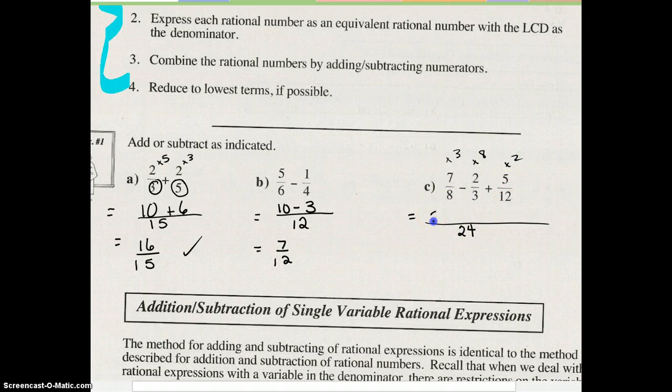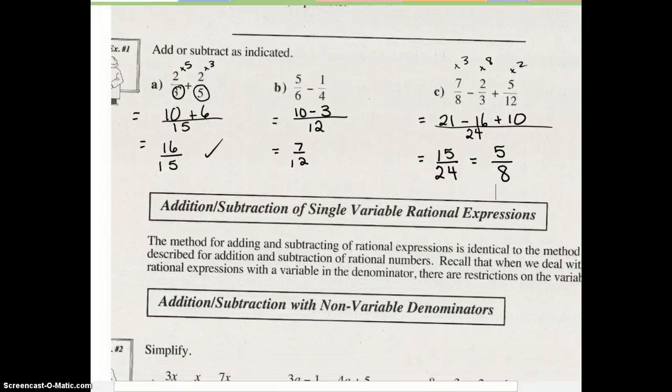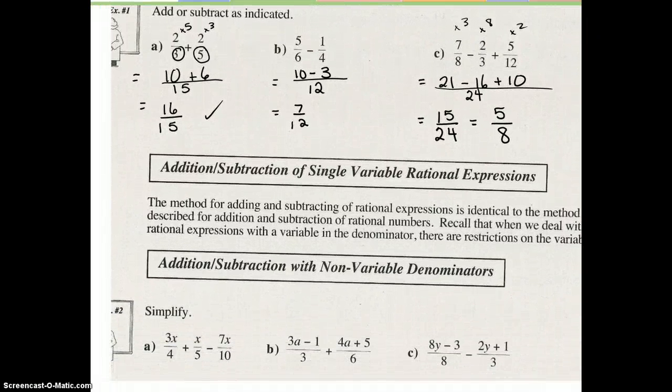So what do I end up with? 21 minus 16 plus 10, and when I put those all together, I end up with 15 over 24. Reduce it to its lowest terms. I get 5 over 8, and that's because 3 goes into both the top and the bottom. So that was pretty basic. That was, as I said, real review of fractions that you've had in the past.